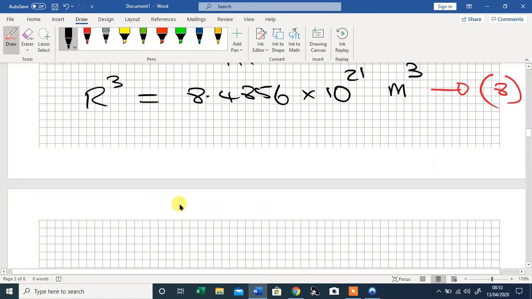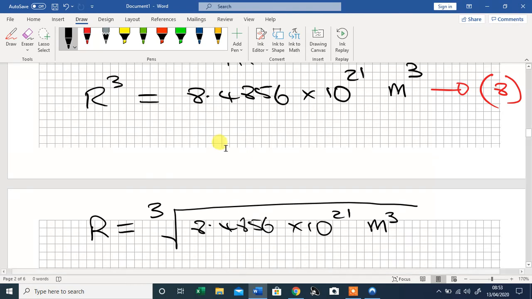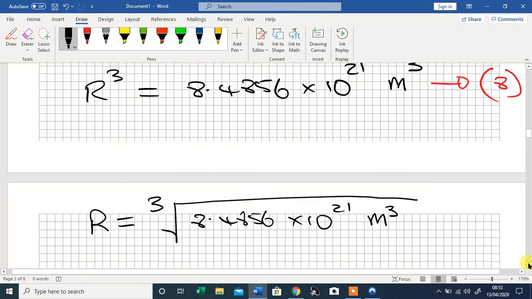Right, okay. So r is equal to the cube root of 8.4856 times 10 to the 21 meters cubed. Now, I'll just write that a different way.